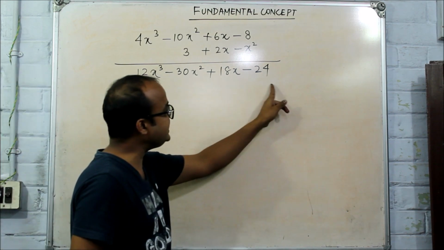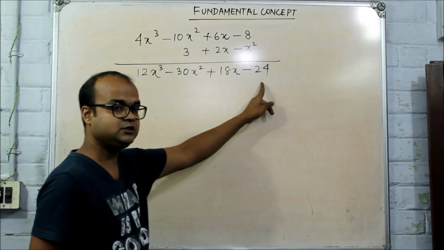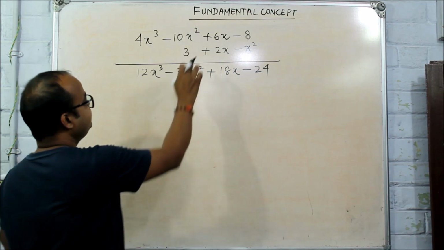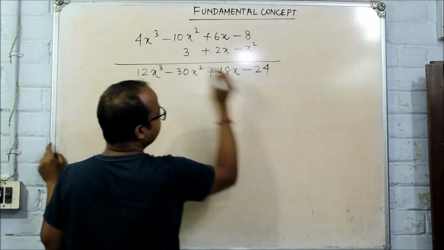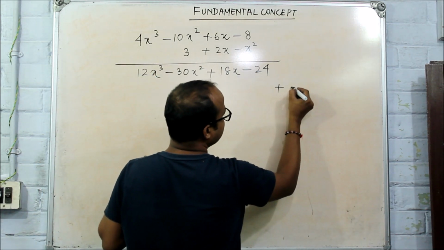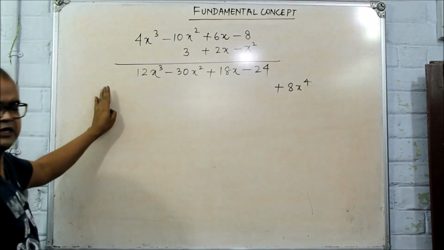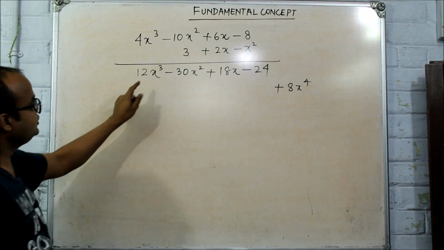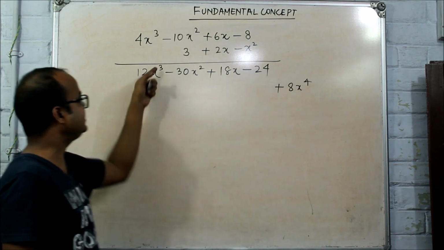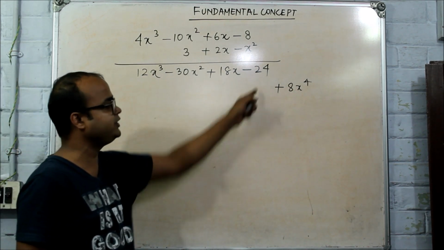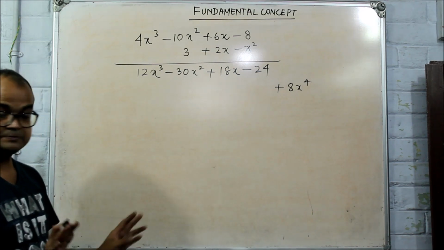Is any x to the power 4 term present? No. So you write 8 x to the power 4 here. Either you can write here or here, because you are not getting any like term like x cube, x square, x or 24 constant, right?